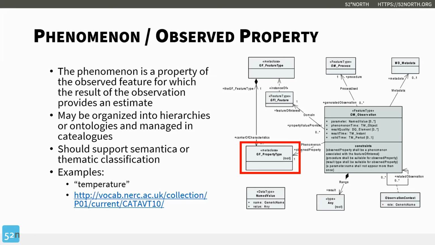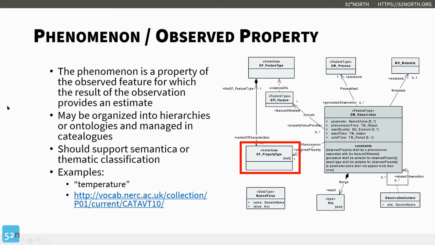An example is to use vocabularies such as this one down here at the bottom of the slide, the NERC vocabulary server, which gives us a long and comprehensive vocabulary of terms such as observed properties, and puts them to some kind of semantic reference.